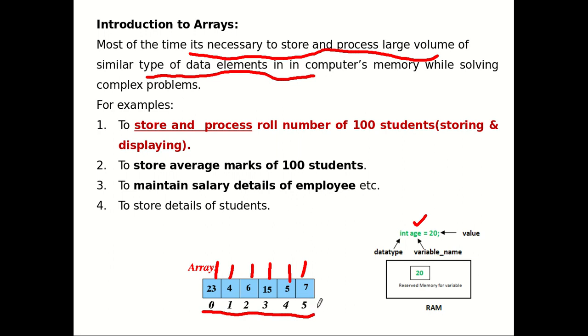So these are called index values. Index 3 represents this particular memory location. At index 3 we have the value 50.